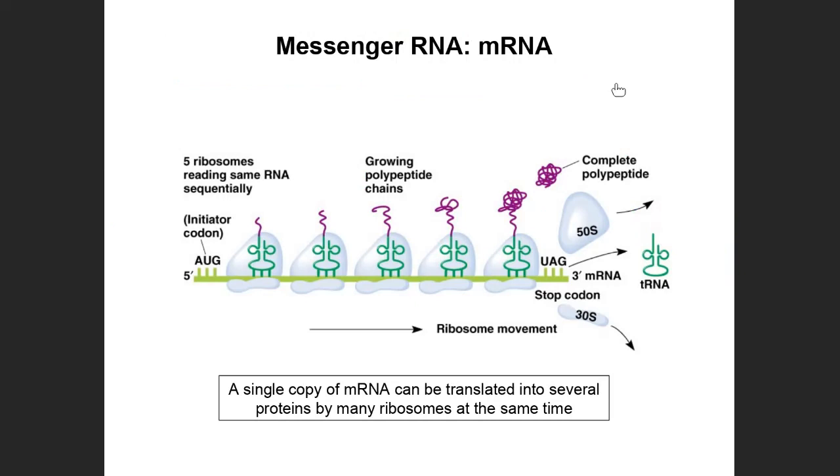What scientists discovered is that a single mRNA molecule can actually undergo the second step of gene expression, translation, multiple times at the same time. So what I'm showing you here is the second step, translation. First of all, translation occurs at non-membranous organelles called ribosomes.